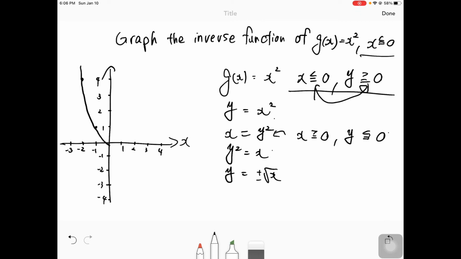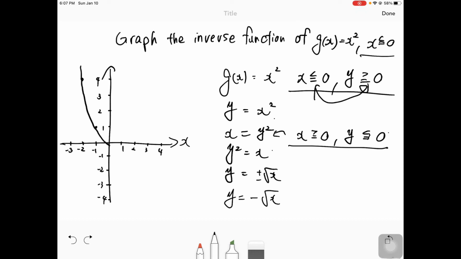I switch the x value and y value, so I also change the restriction. Like this. And x is greater than 0, but y is smaller than 0. So I take this one, because it says y is smaller than or equal to 0.